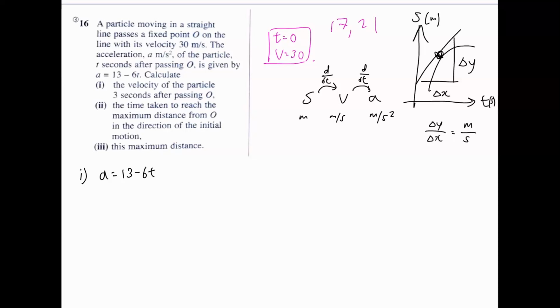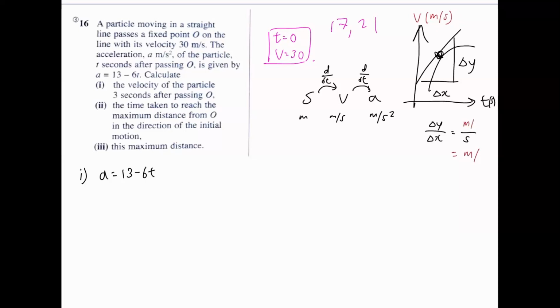Whereas if you change this s into something else, let's say v, velocity is meters per second, the units. Then that means your units for the change in y over change in x will be meters per second over seconds. Hold on, what am I saying? Oh my goodness, sorry.